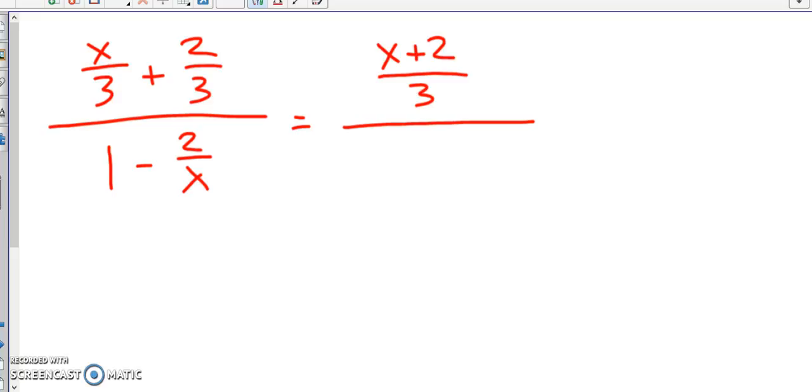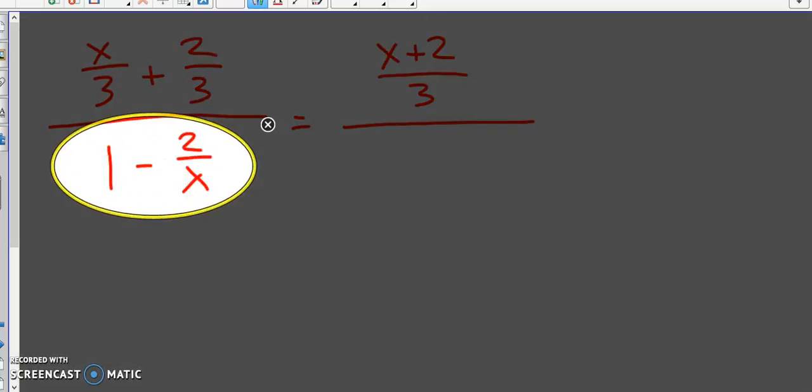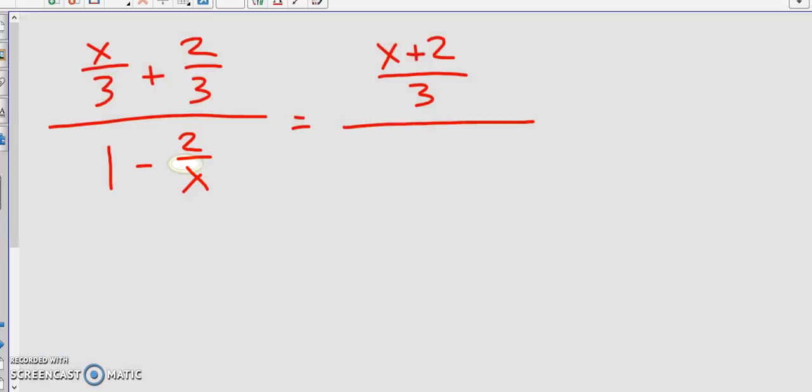Now, if I look at this denominator here, I've got a 2 over x and I've got a 1. Well, that 1 is like 1 over 1. So if I get a common denominator here, I would have to multiply by x up here and by x down here.